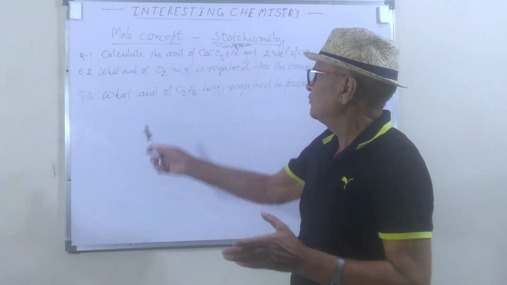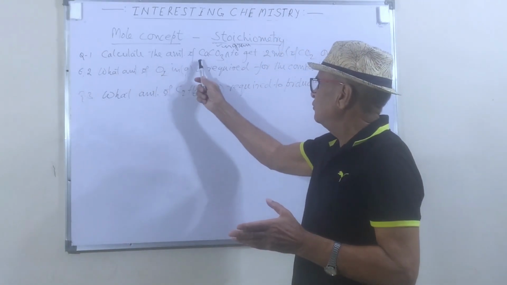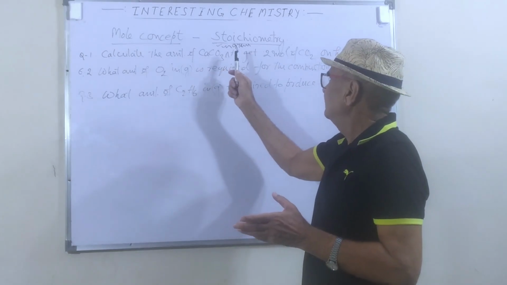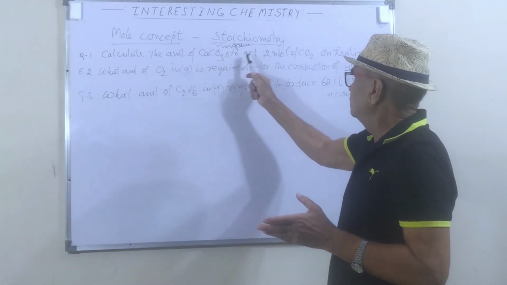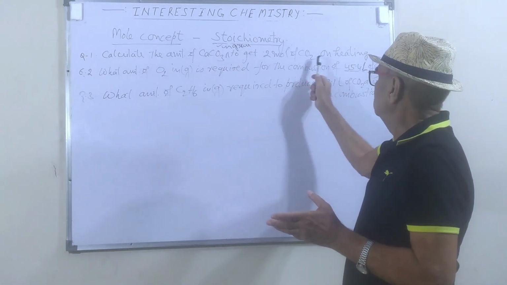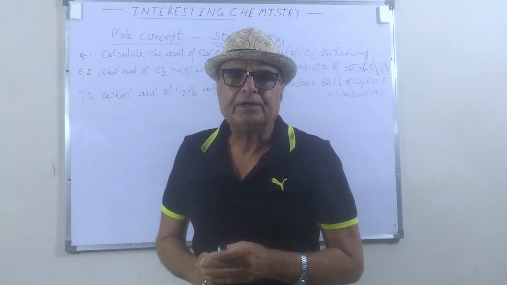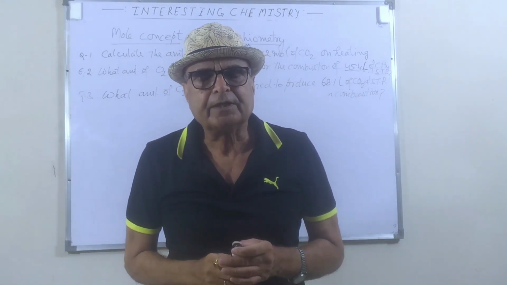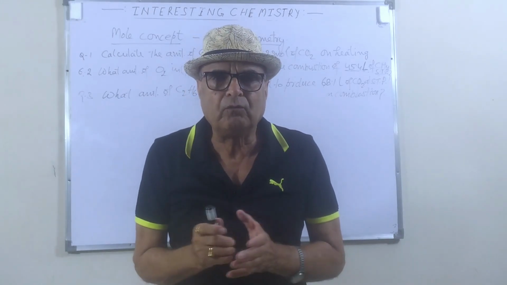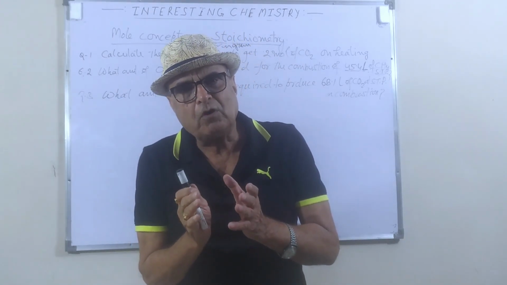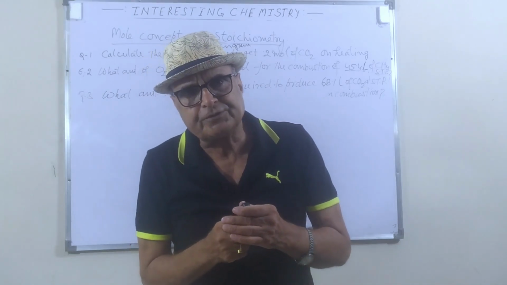For the first question: calculate the amount of calcium carbonate in gram to get 0.2 mole of CO2 on heating. It's about the chemical reaction of the decomposition of calcium carbonate.